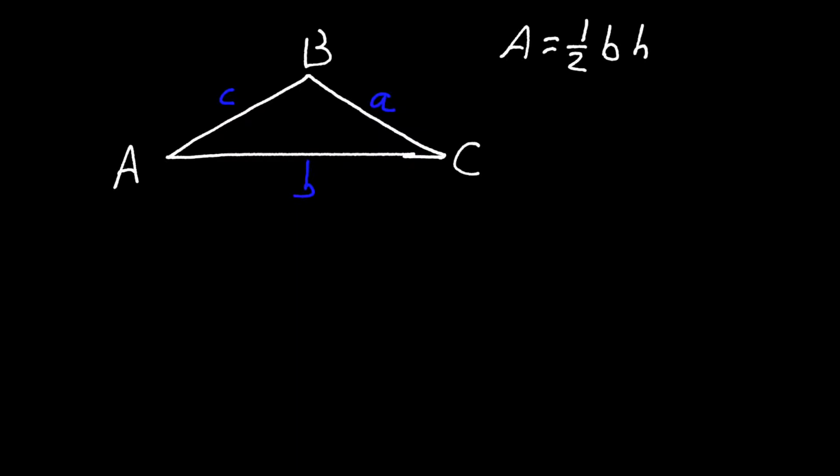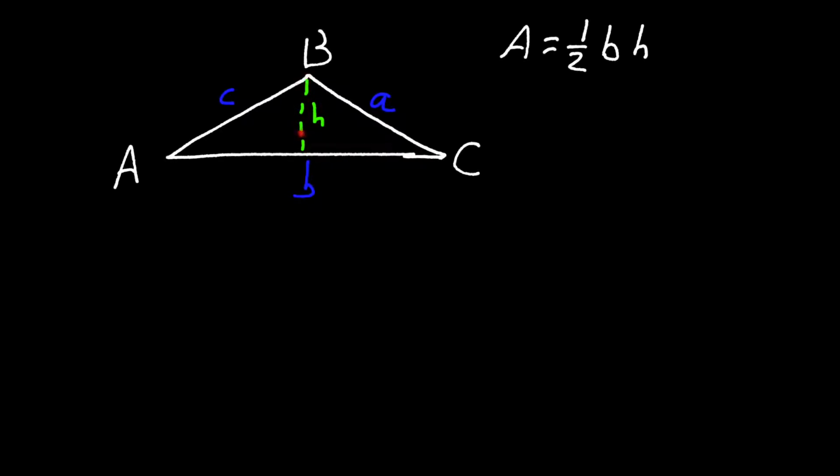And our height is going to be represented by that. So this is our height. But if we don't know this height, there is a way we can find it.